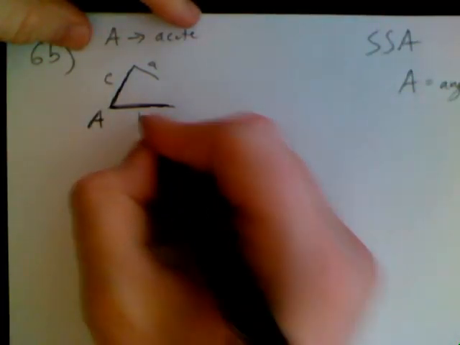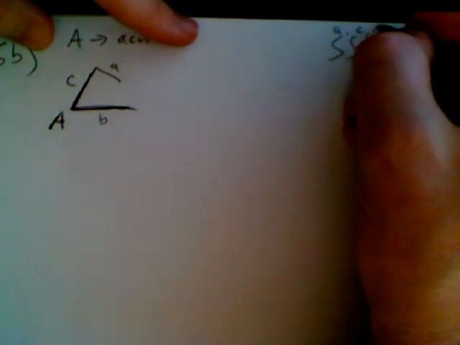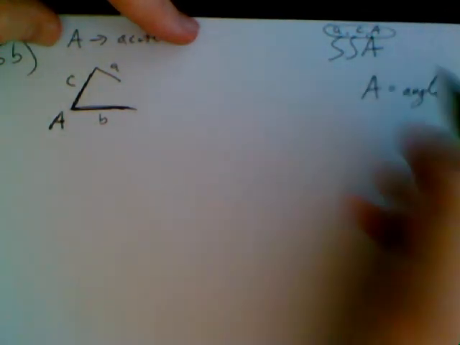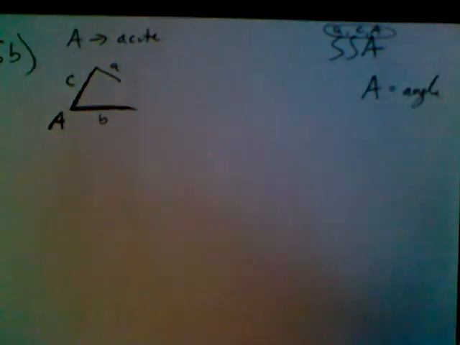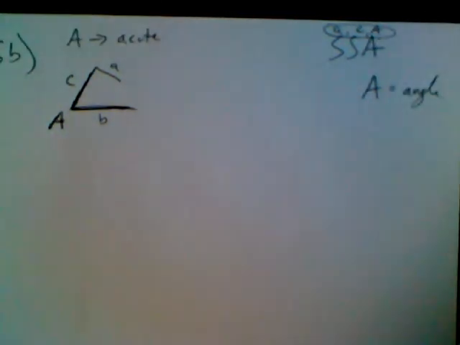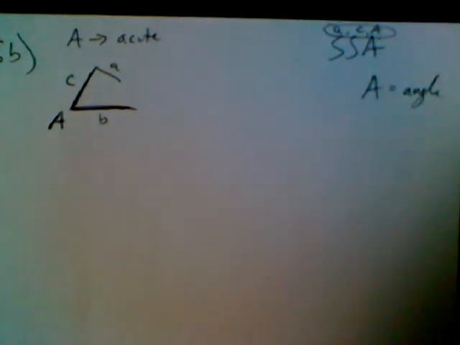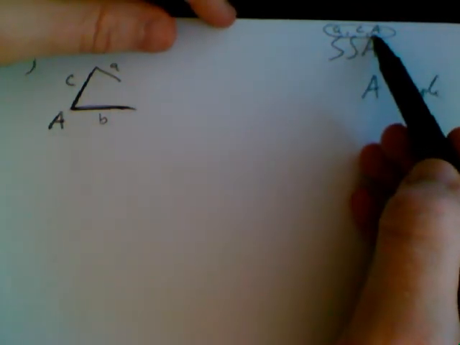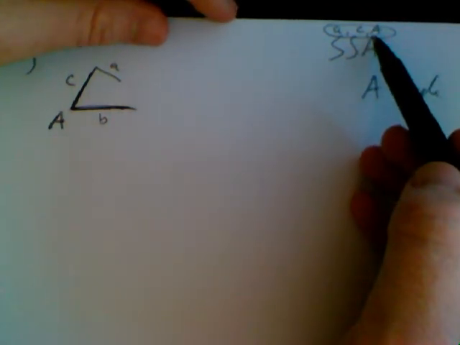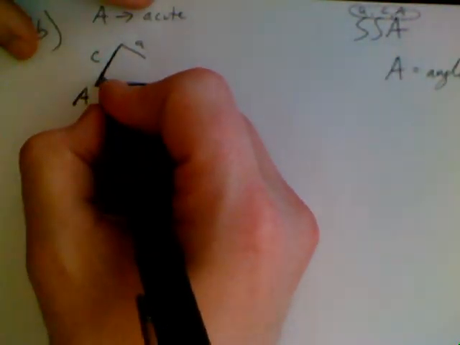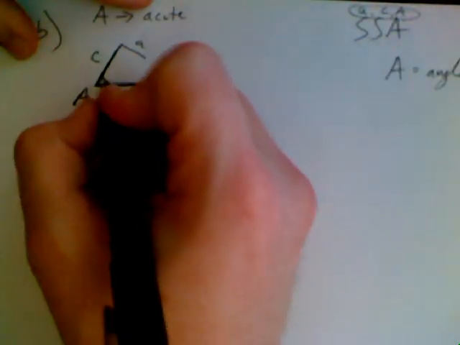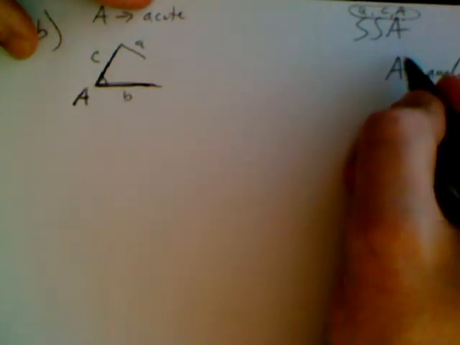I'm going to call that B, and it's not determined because I'm given little a, little c, and capital A, those three pieces in side-side-angle. Now, it could be different values. It could be angle B or angle C, but I'm just assuming it's angle A every single time. No matter what I do, I'm writing my acute angle here if I have side-side-angle, or my obtuse angle right here.